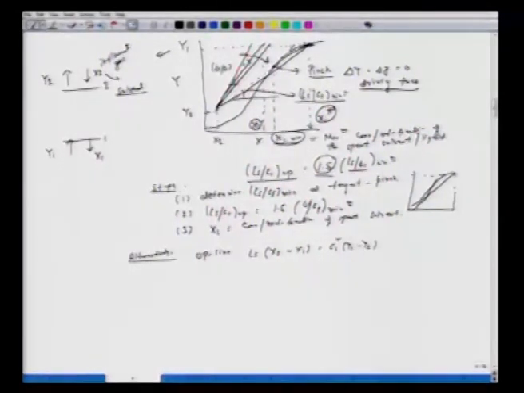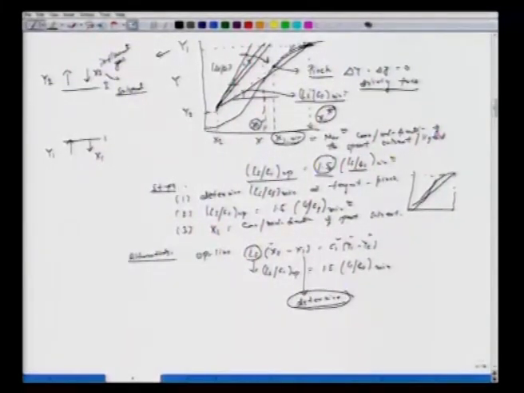Gs is given, y1 and y2 are given, and Ls we have found from Ls by Gs operating, which is 1.5 times Ls by Gs minimum. So we know Ls, we know x2, and we can determine x1. The concentration x1 of the spent solvent can be determined graphically by reading here, or we can determine it from the equations.